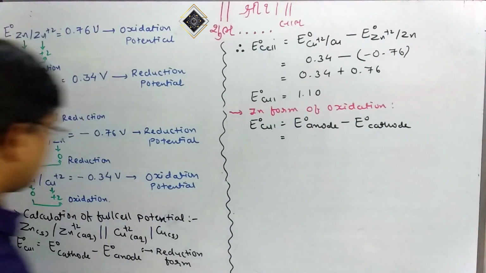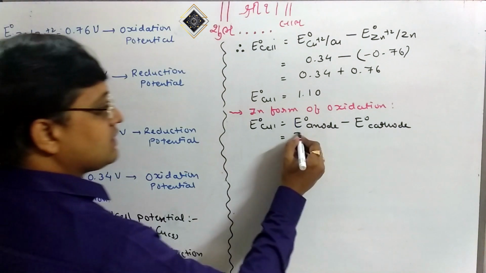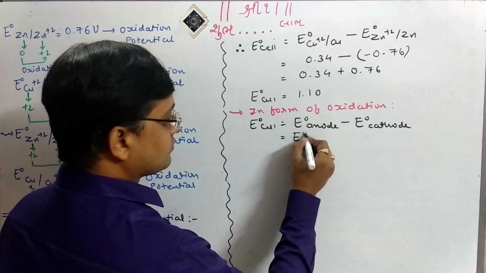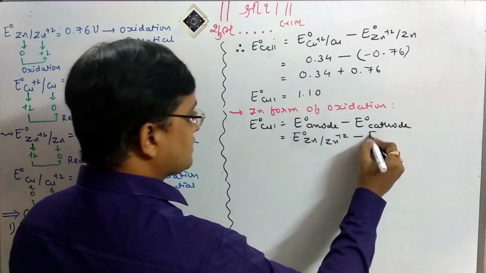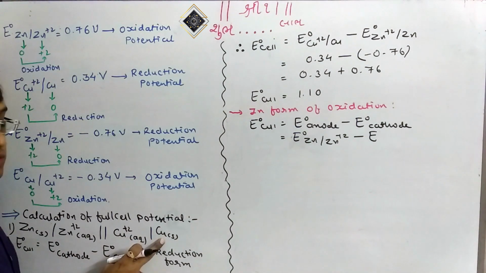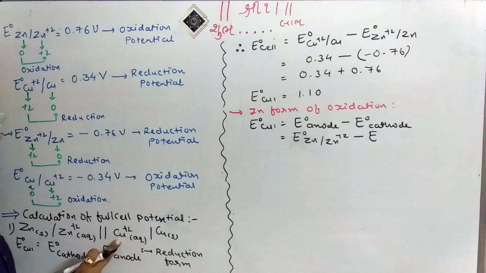The anode experiences oxidation, that is Zn converts into Zn plus 2. So here it is E0 Zn slash Zn plus 2 minus, here Cu plus 2 converts into Cu, that is a reduction reaction. So we have to write the oxidation, that is Cu converts into Cu plus 2.